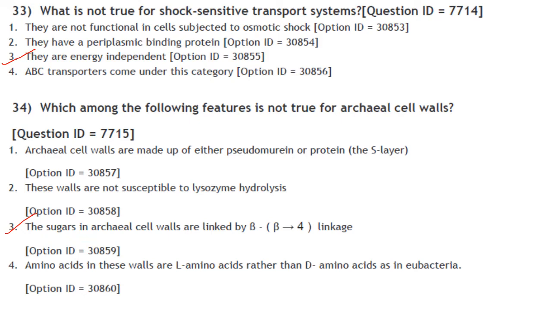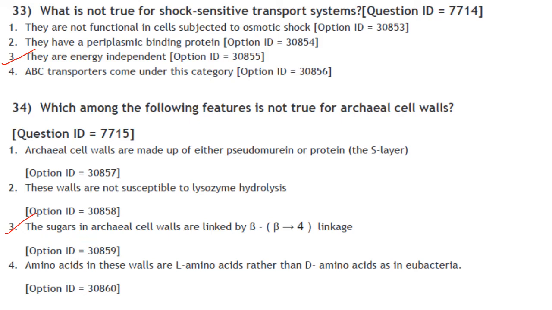So what is it that they have asked? What is not true for shock sensitive transport system? So they are not functional in cells subjected to osmotic shock. Yes, that is correct. They have a periplasmic binding protein. Now one salient feature about the shock sensitive active transport system is that they require a periplasmic binding protein that tightly and specifically binds the molecule to be translocated.